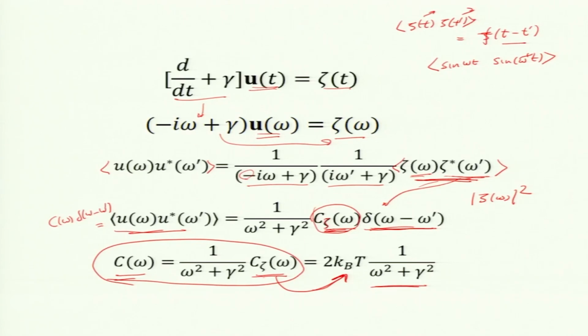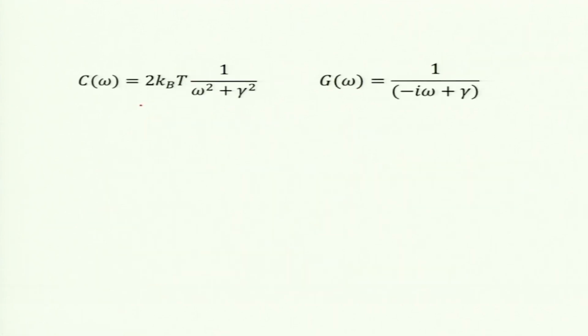Now, we have two functions, both C and G: the correlation function and the Green's function. Can we relate them? Look at the imaginary part of G omega. I multiply by the complex conjugate, so I omega plus gamma, over omega squared plus gamma squared.